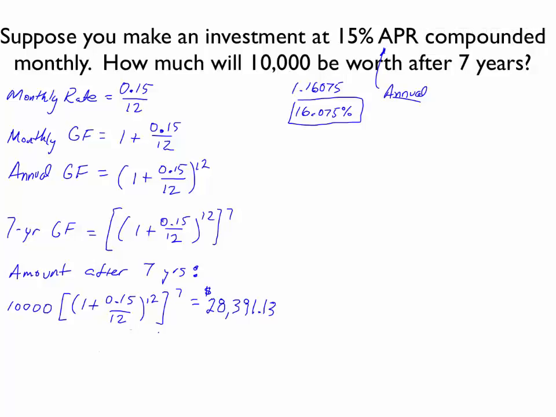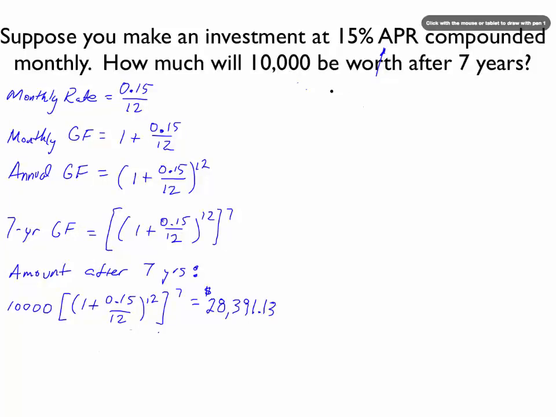Okay, so let's go back and look at this situation again. If we had, say, R was your APR, and you were going to compound n times per year.